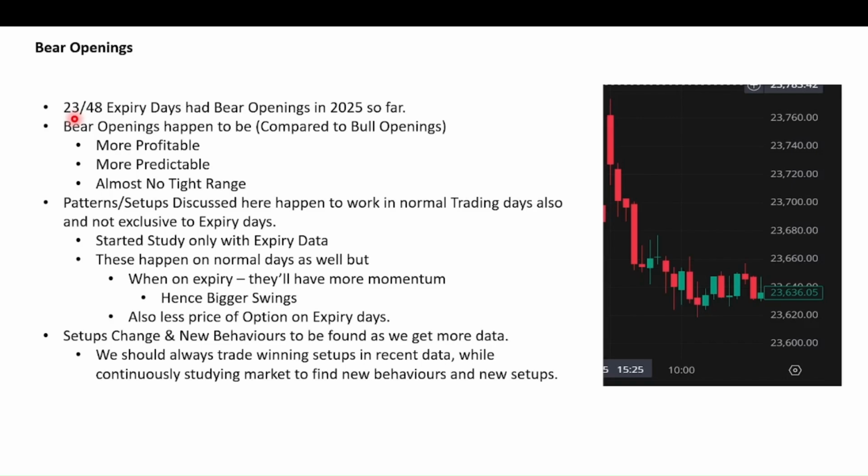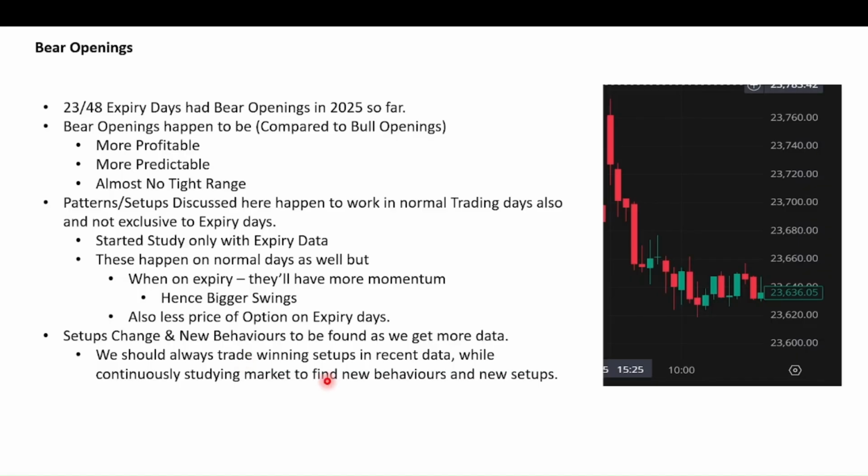And you will be surprised how repeatable they are. If you see the 2024 data, and if you fetch all the 2024 expiry days and pull all the bear openings in that, you will see some of these setups happen, but you could also see some other setups which became less frequent with time.